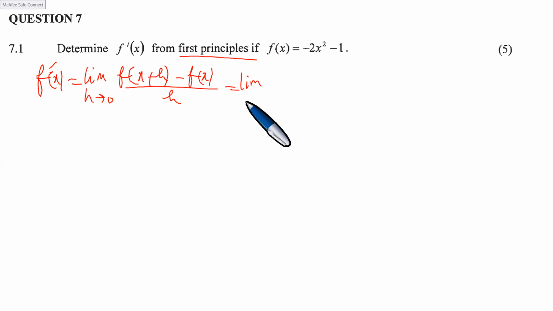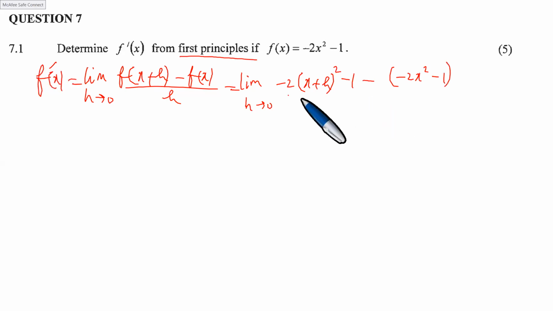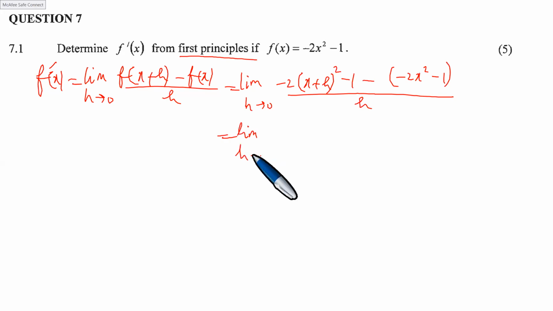This is the limit as h tends to 0. For f at x plus h, wherever there is x, you put x plus h into the function. So this is minus 2 into x plus h squared minus 1, minus 2x squared minus 1. You divide everything by h. And this is the limit as h approaches 0.